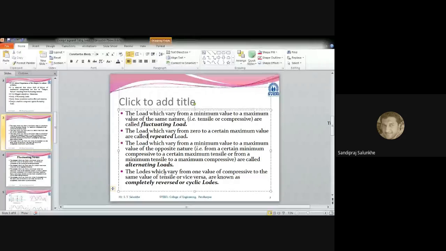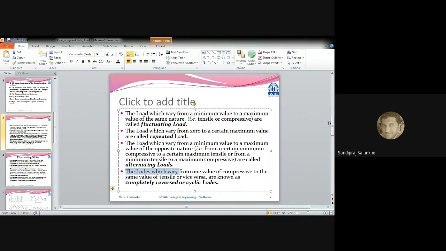Okay, then we are going to say the loads which vary from one value of compressive to the same value of tensile. Now here we cannot have the freedom that we can change its value. How much compressive is there, that same amount should be there for the tensile, or whatever may be the tensile, that should have the same amount for the compression.